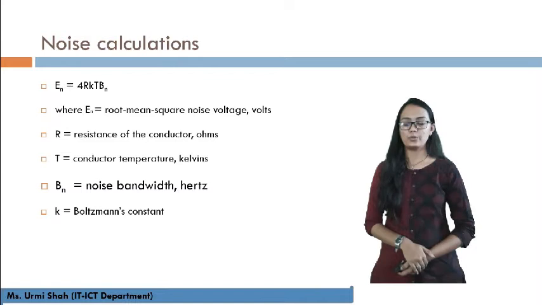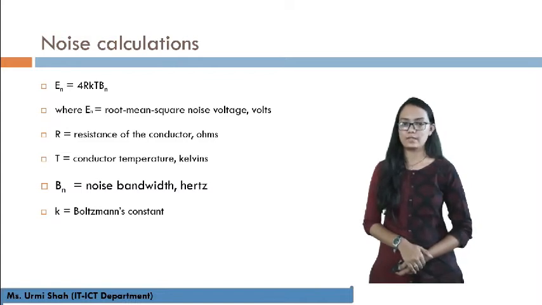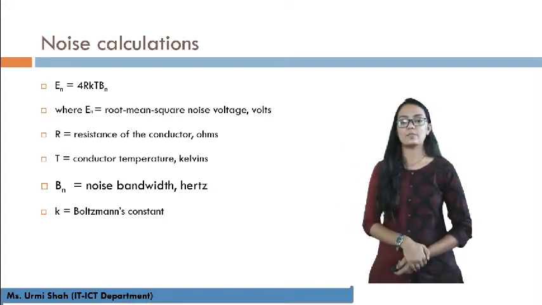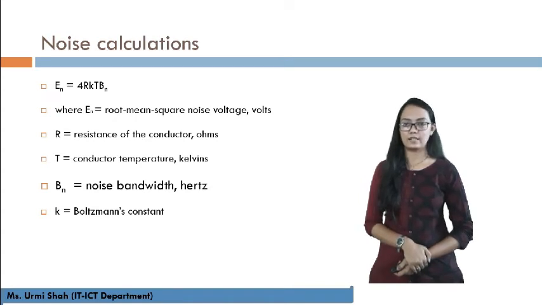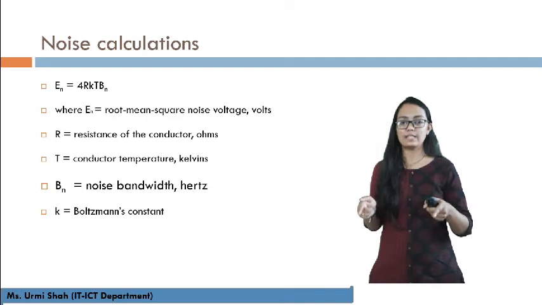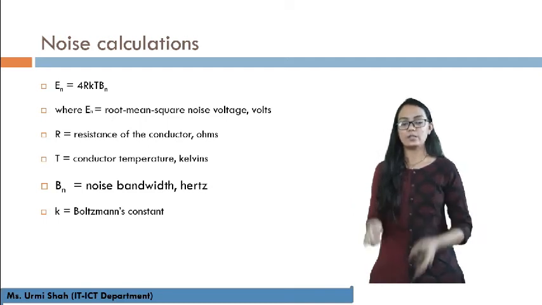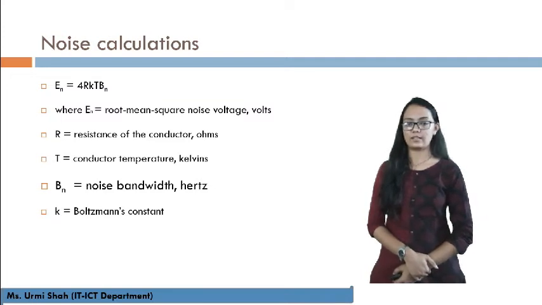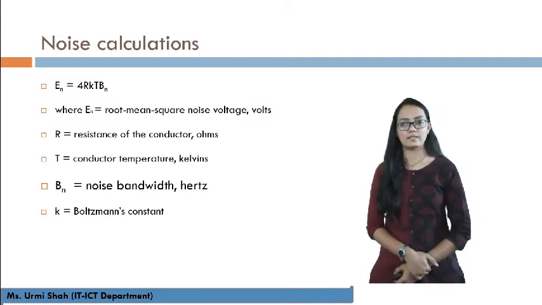En is your root mean square noise voltage, measured in volts. R is the resistance of the conductor, measured in ohms. T is the temperature rise in the conductor, in Kelvin. And Bn is the noise bandwidth, that is the range of frequencies where the noise is going to be created, measured in hertz.